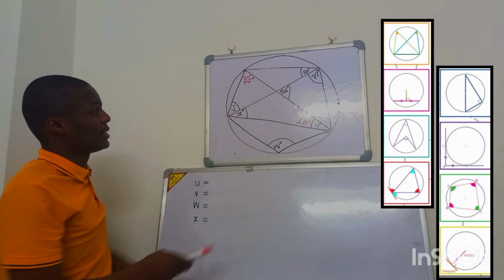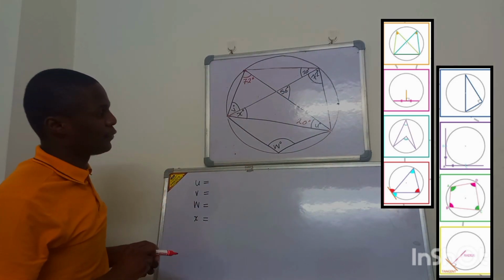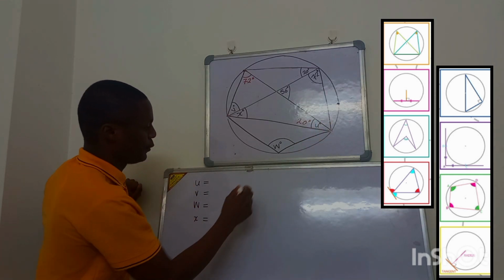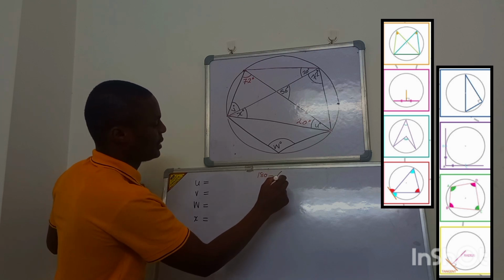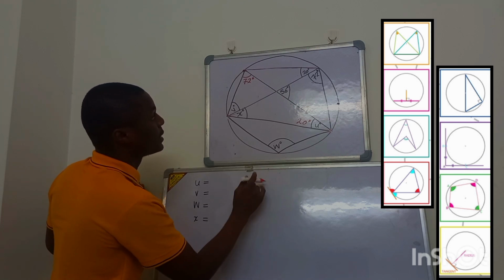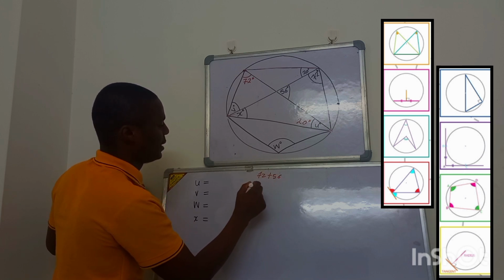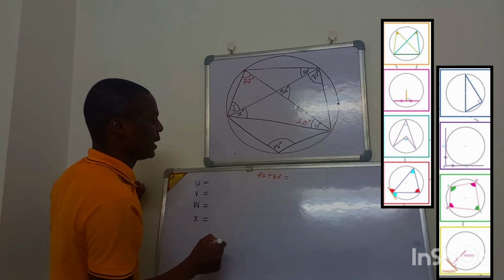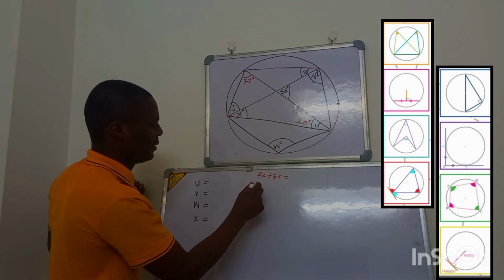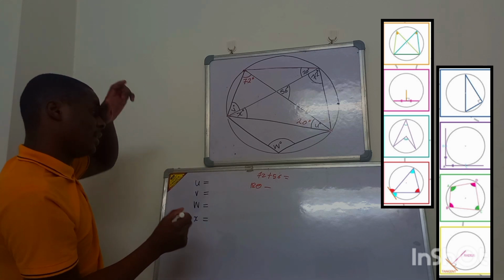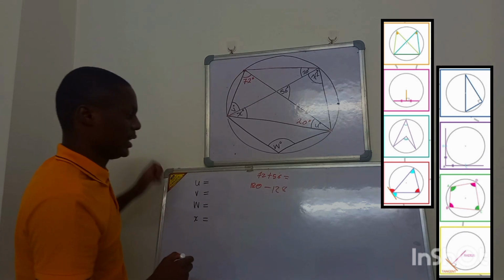So 72 plus 56, then we subtract from 180 to get this one. 72 plus 56, then the answer we get, we subtract it from 180. Okay, so we say 180 minus, the answer we get here is 128.